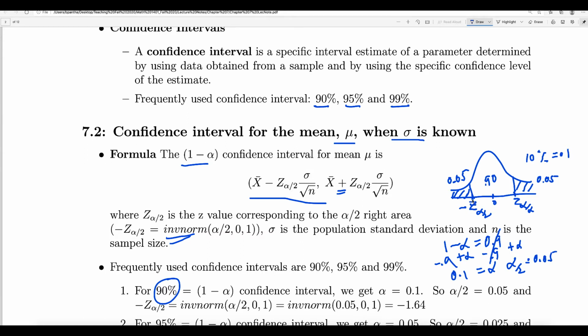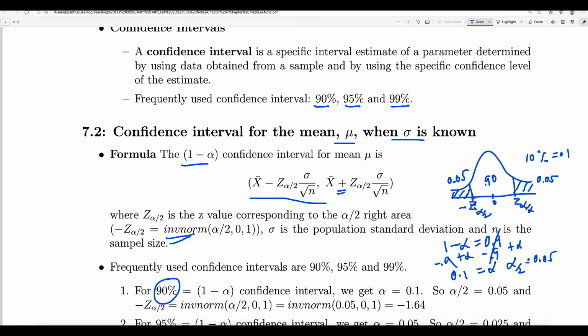If you are using a TI 83 or 84, you use inverse norm, because inverse norm needs the left area. But if you are using a TI 84 Plus CE, you can enter the 0.90, pick the center area, and it will give you both values. For TI 83 and most TI 84 calculators, you need to find the left area and then enter the left area.